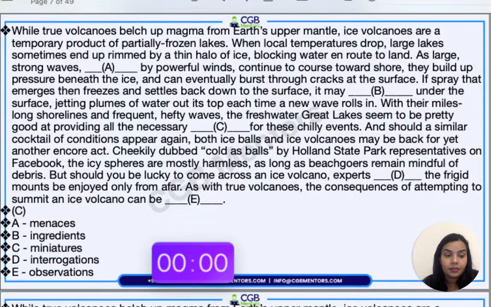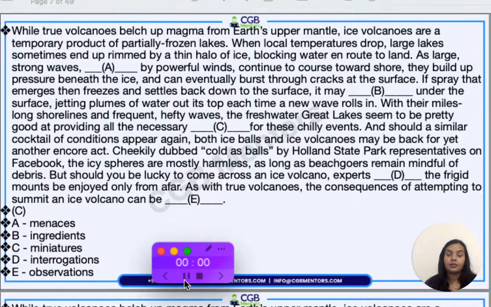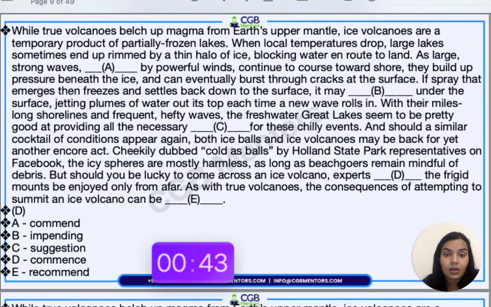And one answer is A. Come to blank C. Answer to this one is B. B blank.